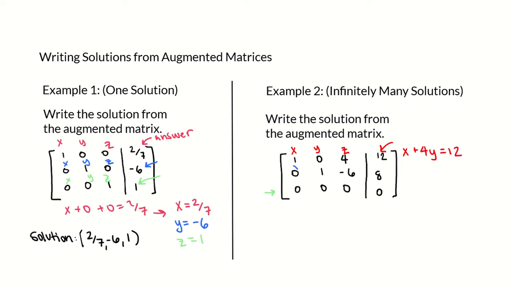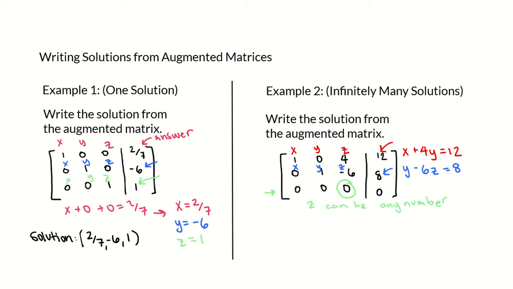And then the second equation, 0x, 1y, minus 6z equals 8. And then the third equation is all zeros, so we don't write that equation. So what that means is that the last variable z can be any number, because z is the one variable where there's no 1 along that diagonal for z.